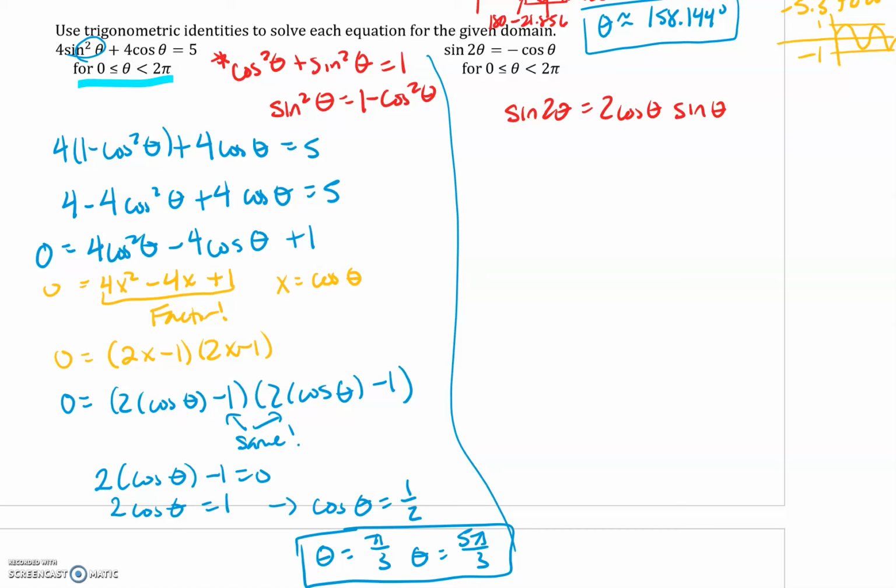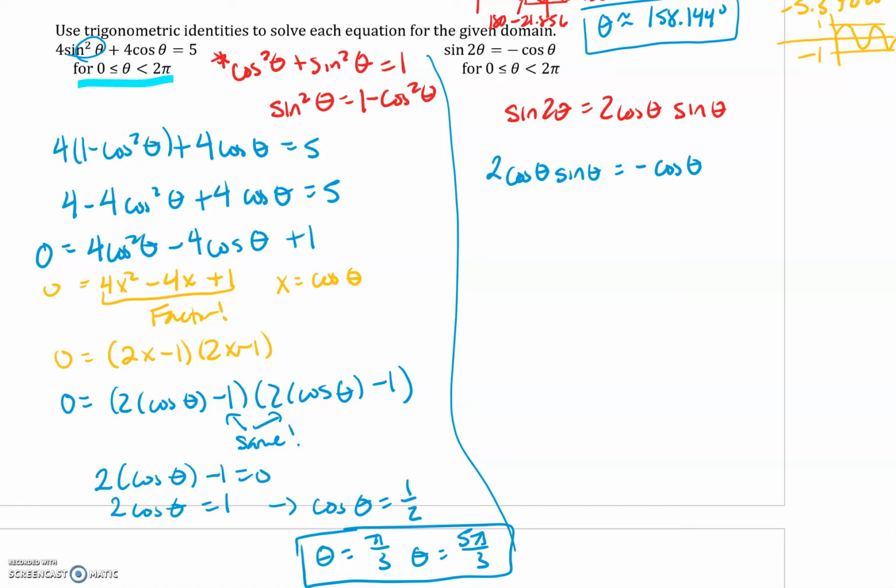So even though you might be like, wait a minute, you still have a sine left in there, that's okay, let's work with it, let's see what happens, right? Because sometimes it's not really apparent right away what the identity can do for us until we actually start manipulating it. So I'm going to replace sine 2 theta with 2 cosine theta times sine theta, make that equal to negative cosine theta. And then you might be wondering, oh wait, hold on.